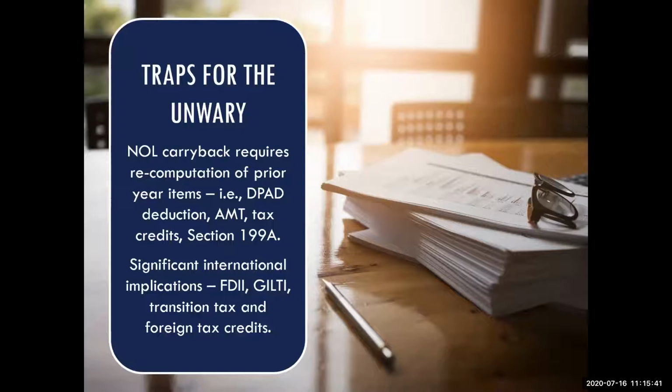When you filed your 2018 return, you didn't even have this option, so you wouldn't have included an election, you wouldn't have even considered it. Well, now you are obligated to carry that loss back 5 years unless you make an election going forward. So those are things you have to be mindful of: there are certain actions you need to take, depending on which solutions you are looking for.